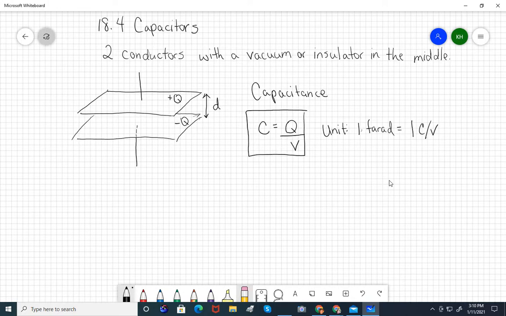For a given design, the capacitance is a constant.